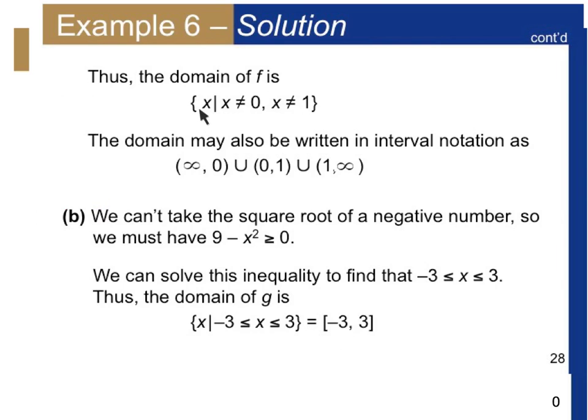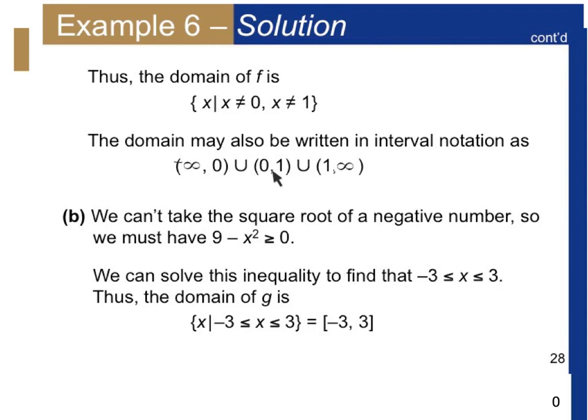Okay, so for part A, the domain is formally the set of all x such that x is not equal to 0 and x is not equal to 1. Now we can also use interval notation. This should be a minus infinity here. Okay, minus infinity. So think of our interval starts at minus infinity, goes to 0, skips 0, so we go 0 parentheses, union.